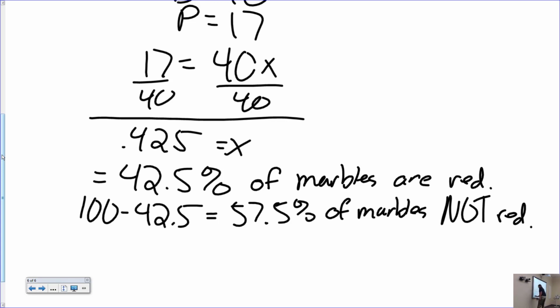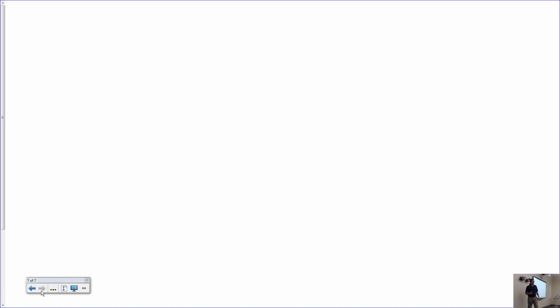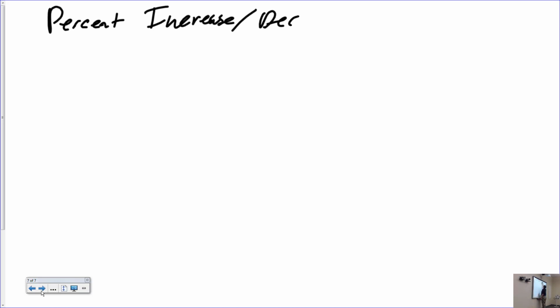All right, so now you knew there had to be something more complicated, and there naturally is. And of course, we have to complicate matters by talking about percentage increases and percentage decreases instead of just dealing with straight percentage problems.